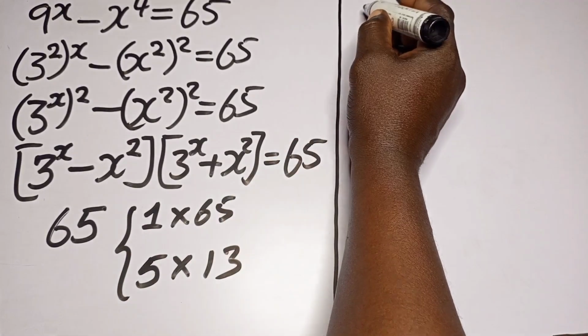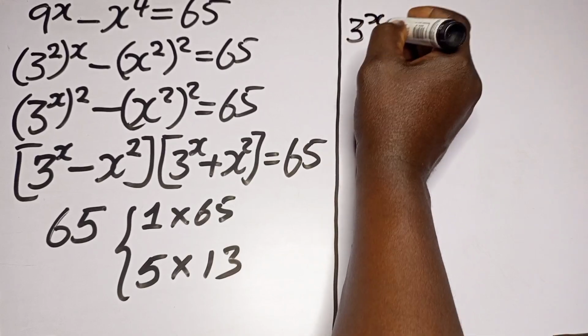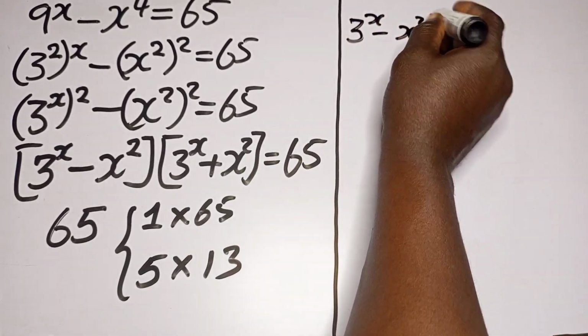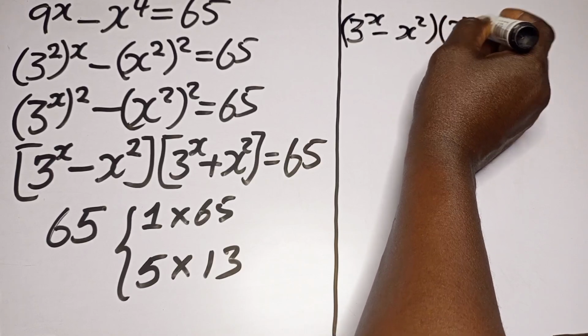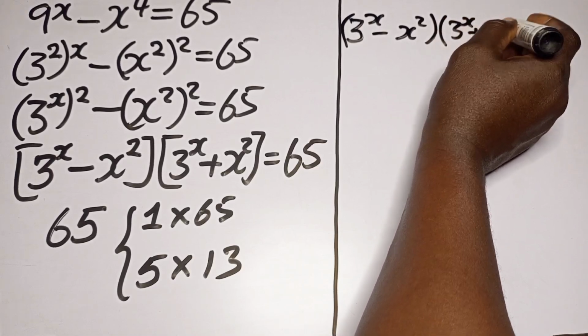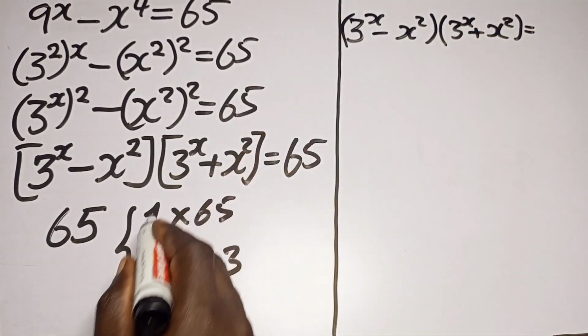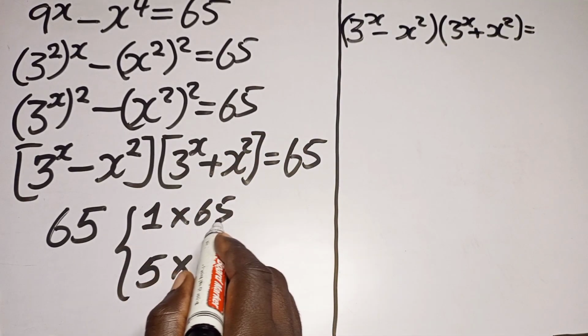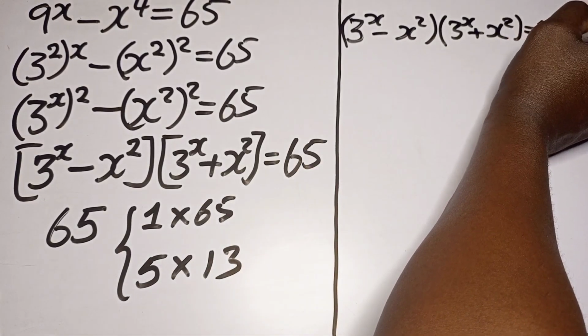And so we'll have 3 raised to the x minus x squared into 3 raised to the x plus x squared, giving us what we're considering the first case, 1 multiplied to 65.